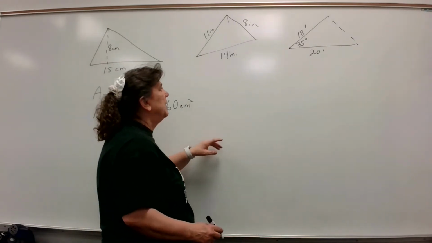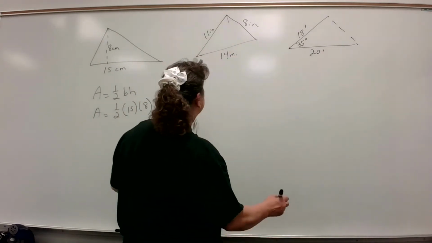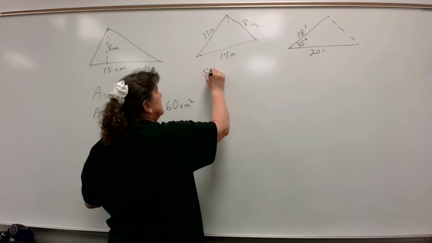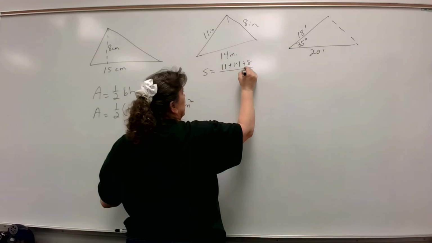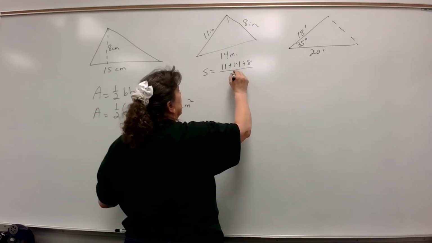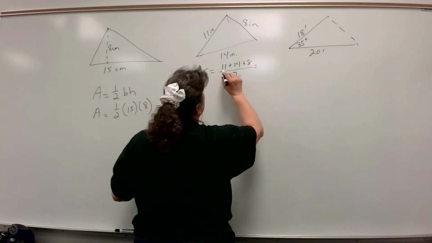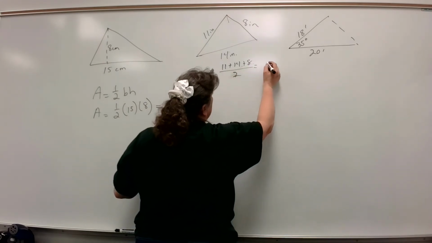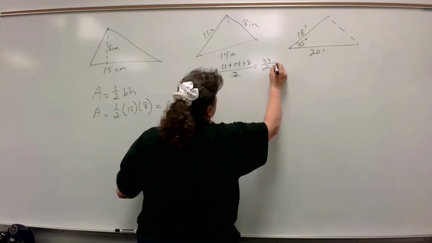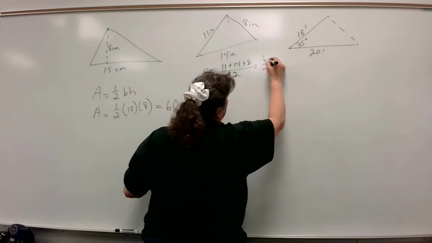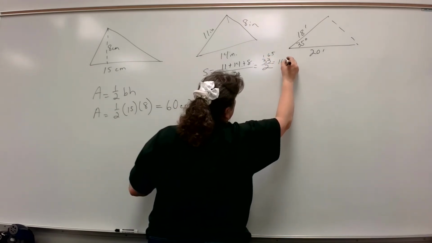Look at our second one. We have all three sides known. So this is going to use Heron's formula. So my S is equal to 11 plus 14 plus 8 divided by 2. And this is going to give me, let's see, 25 plus 8 is 33 divided by 2, and that's going to be 16.5.